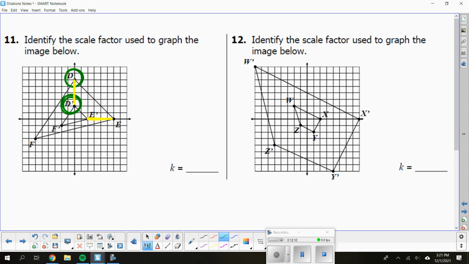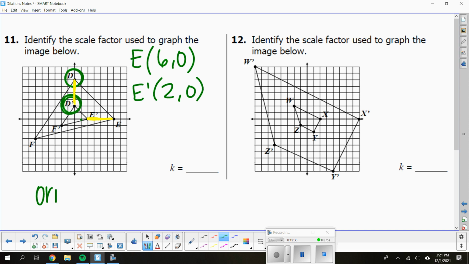So if I find the coordinates of point E, E is located starting at the origin, 1, 2, 3, 4, 5, 6, 0, and E prime is located at 1, 2, 0. Now, some of you might be able to tell what you're doing to one value to get the other. But just remember, throughout this whole process, we've been taking our original point, multiplying it by a scale factor to get our new point.